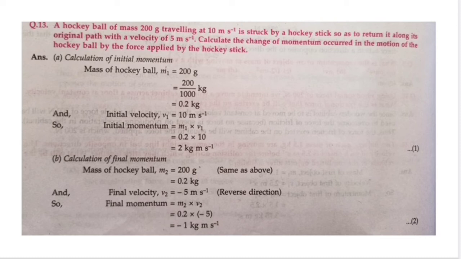Here, if you notice, we use the sign minus because the hockey ball, which was moving in the forward direction, once it is struck by the hockey stick, starts moving back. That is why the minus sign is considered. The final momentum is found by the formula m into v, that equals m2 into v2. Substituting the values, we have 0.2 into minus 5, that equals minus 1 kg meter per second.